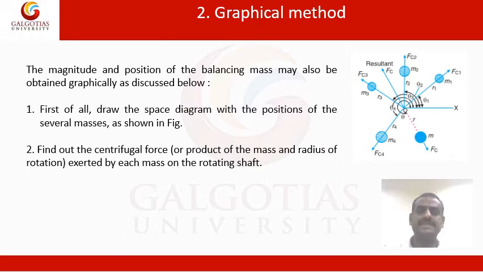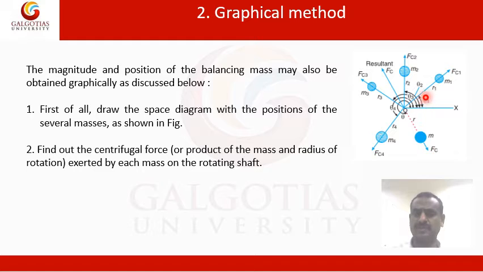The second method is the graphical method, which is used to find out the magnitude and position of the balancing mass. First of all, draw the space diagram with the positions of the several masses. For example, OX is the horizontal line. So with respect to the horizontal line, we are locating all the masses based on the given angles.